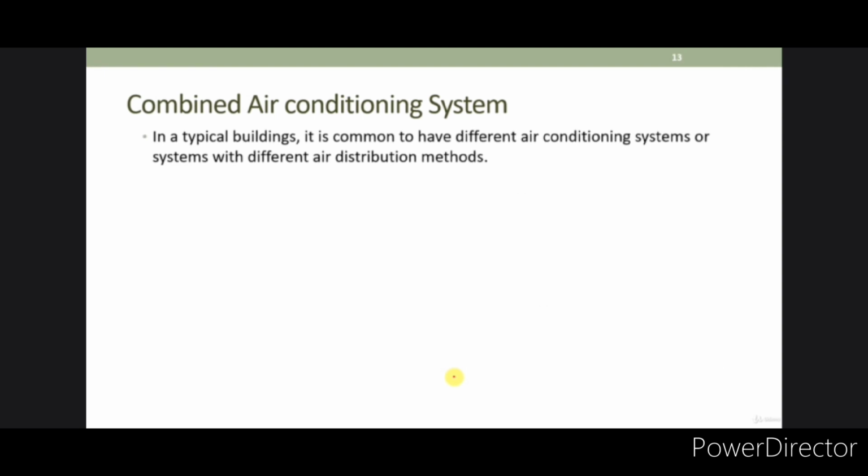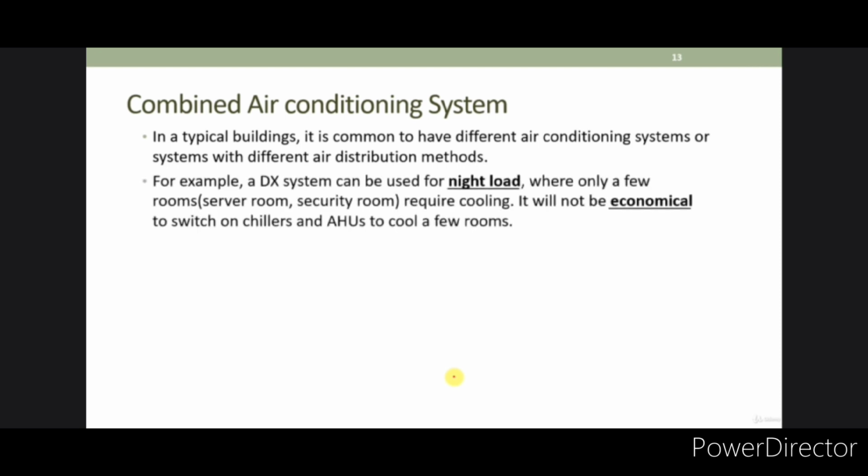But it doesn't mean that in a building there can only be either AHU or fan coil unit, or either a chilled water system or only a direct expansion system. It is usually made out of multiple different types of cooling systems coming together and serving their purposes. So a DX system is useful for night load, where the load is very low because only a few places require cooling.